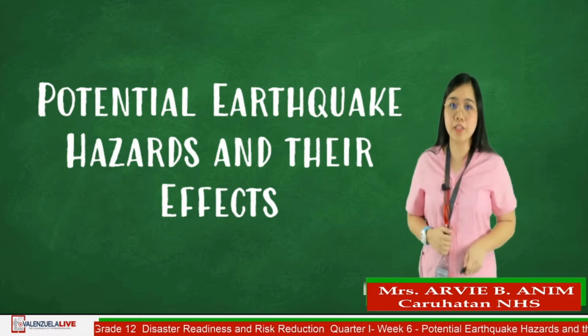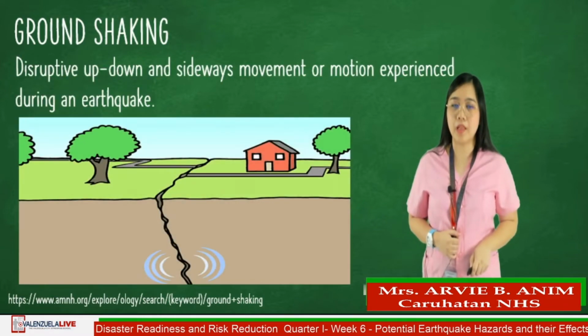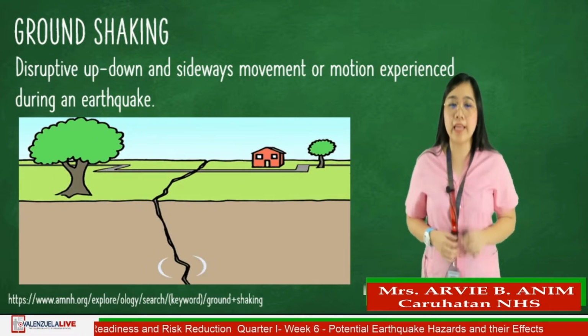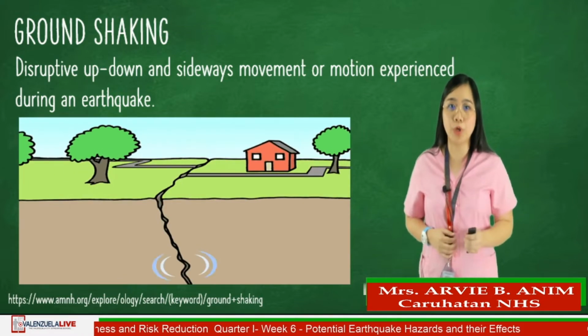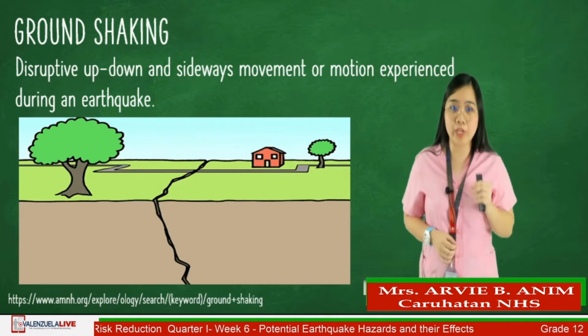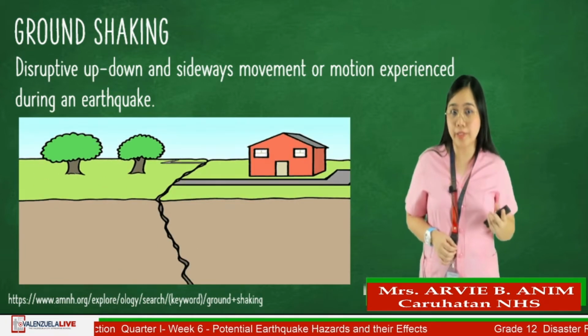The first hazard is ground shaking. This is the disruptive up and down and sideways movement or motion experienced during an earthquake. Strong ground shaking can cause objects to fall and break windows, among others.